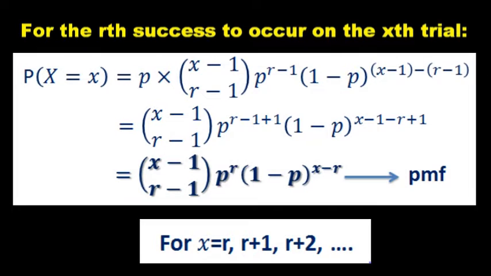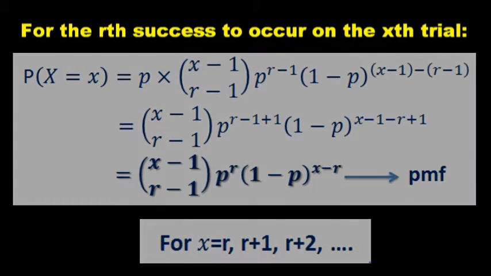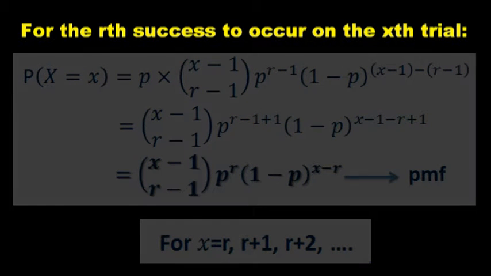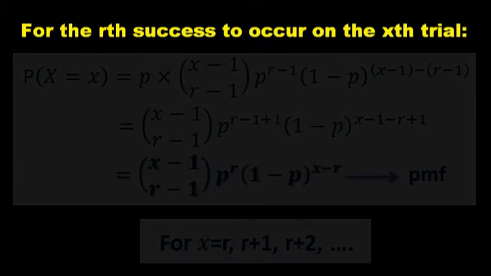And then we have our probability mass function, or our PMF, for the negative binomial distribution. For x equal to r, r plus 1, r plus 2, and so on, because it has no upper bound on it. r is the smallest possible value of x. If we're going to need r successes, we're going to need at least r trials.